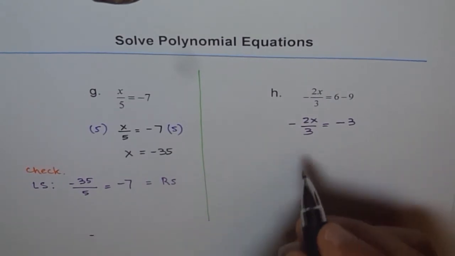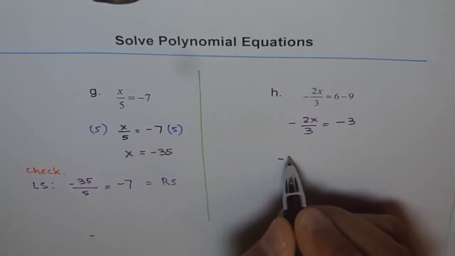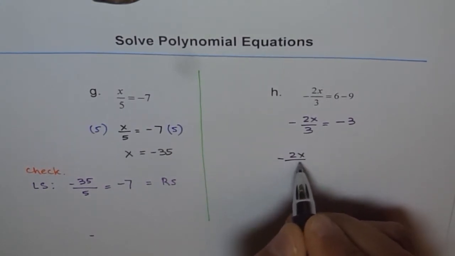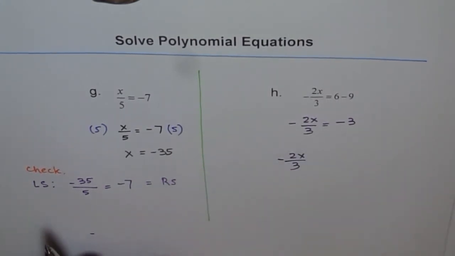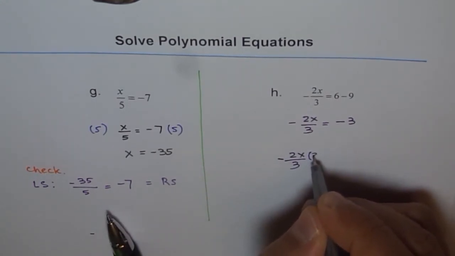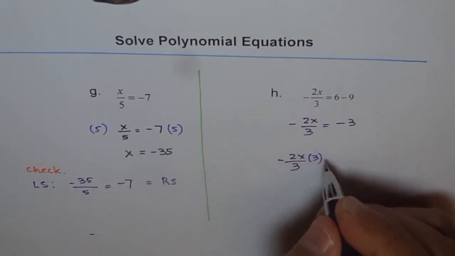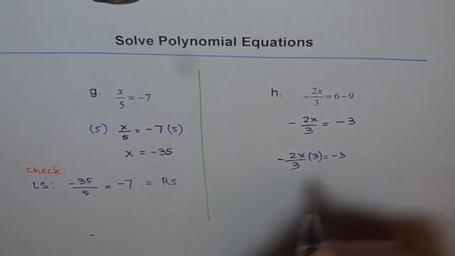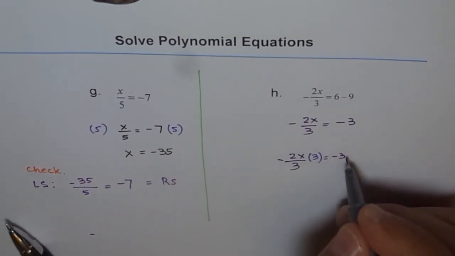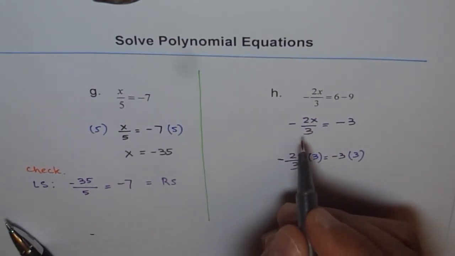Now what we have here is minus 2x over 3, and we will multiply this by 3. I'm writing my 3 here just to avoid the confusion. What I mean is, this was minus 3, so I'm multiplying by 3.